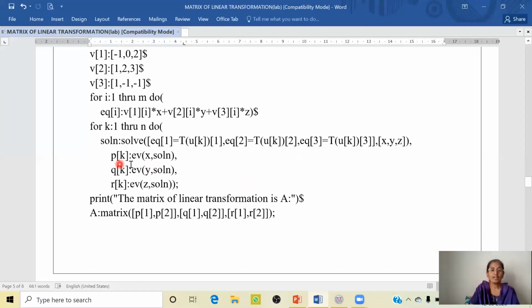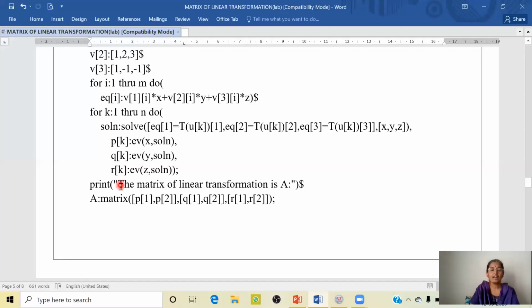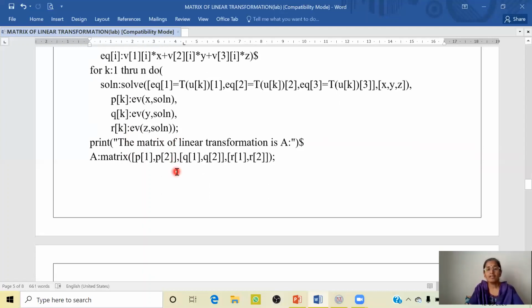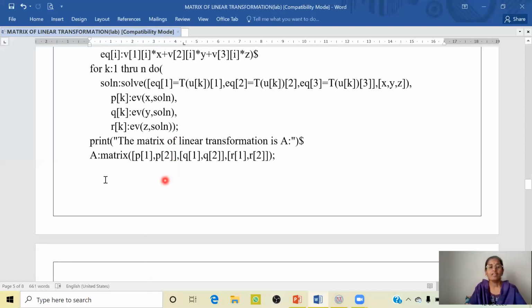And they are stored under P of k, Q of k, and R of k. And EV evaluates the values of x, y, and z and stores under P of k, Q of k, and R of k.